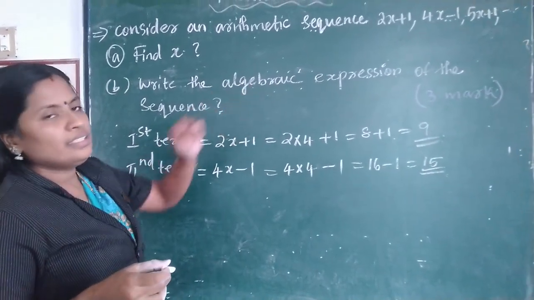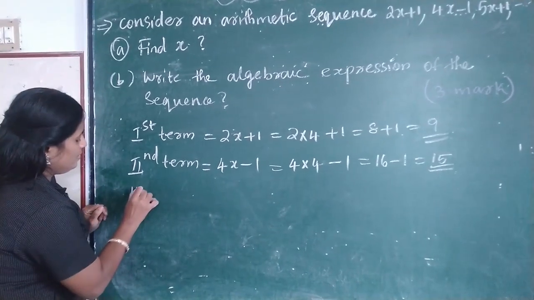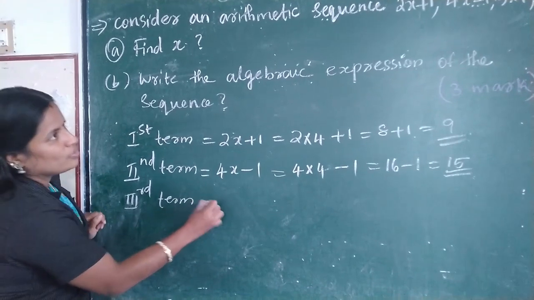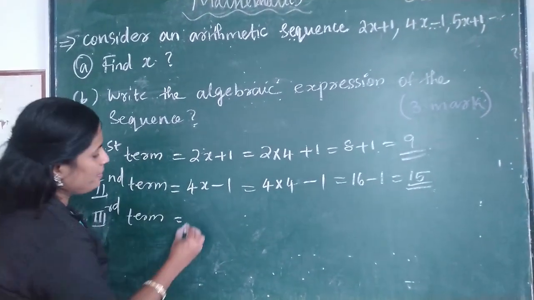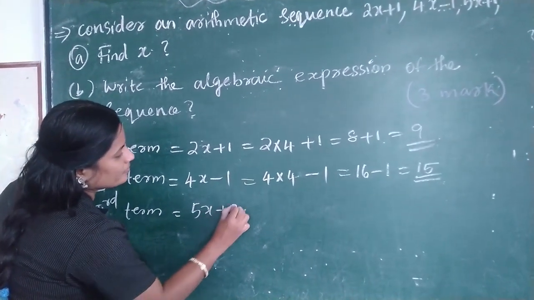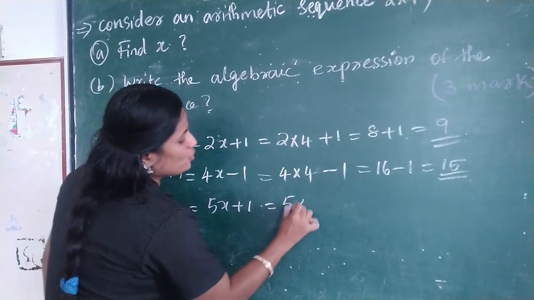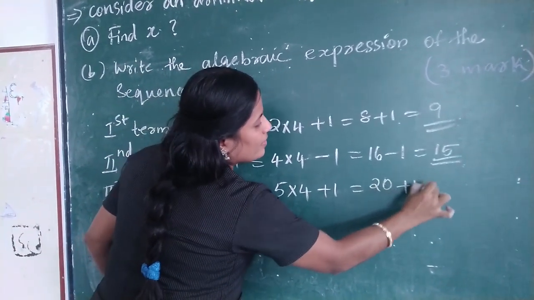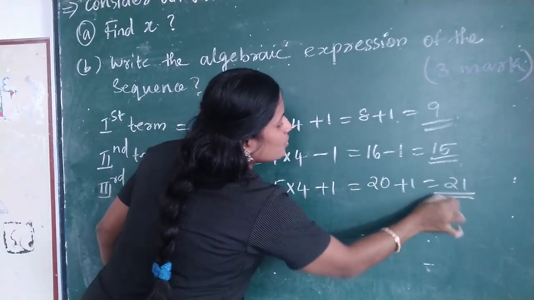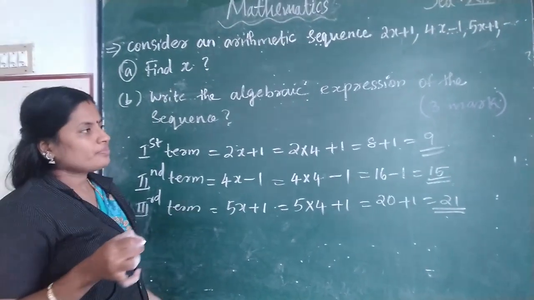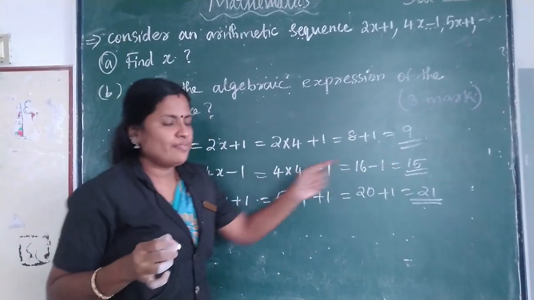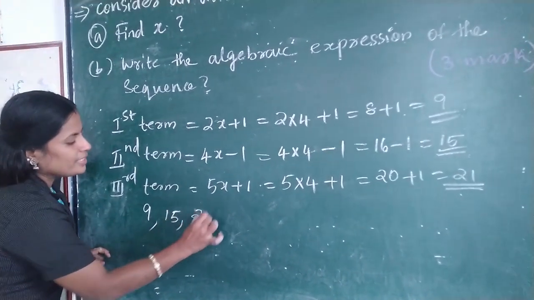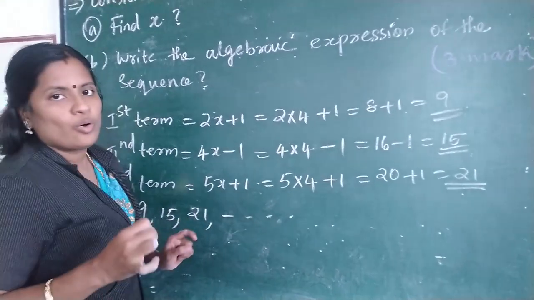Okay, then third term is, what is the third term? 5x plus 1. So 5 into 4 plus 1, that is 20 plus 1, which is equal to 21. So the sequence will be 9, 15, 21 and so on.